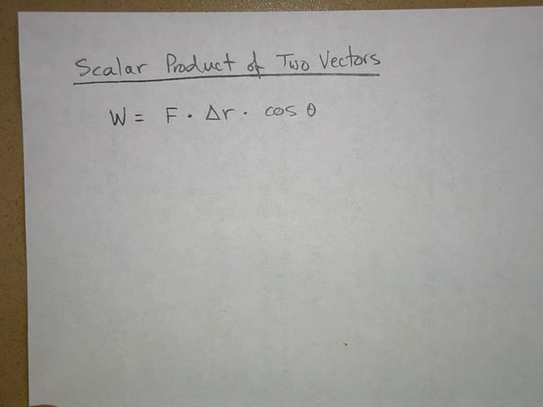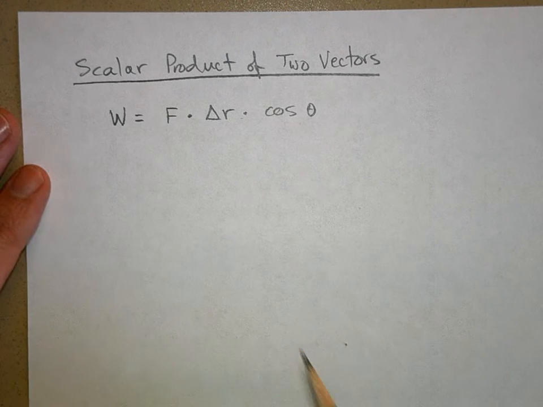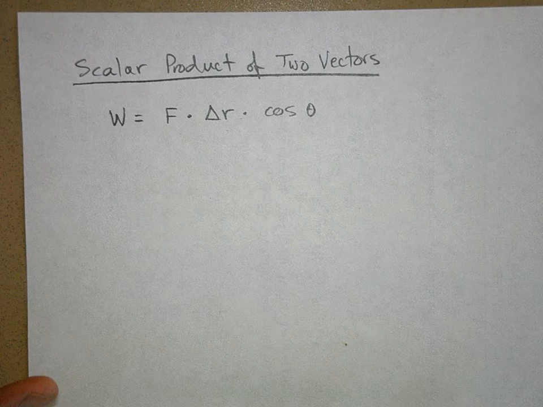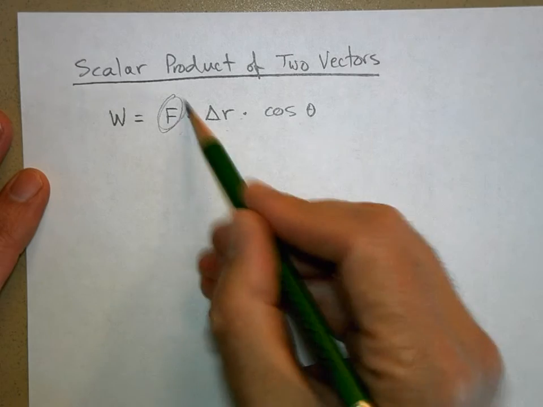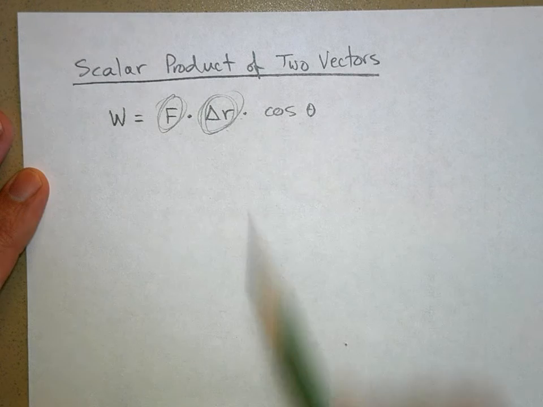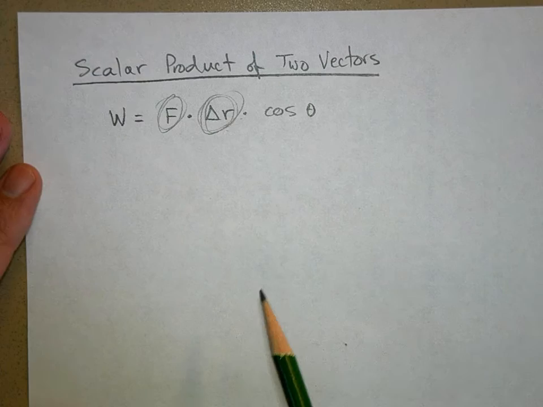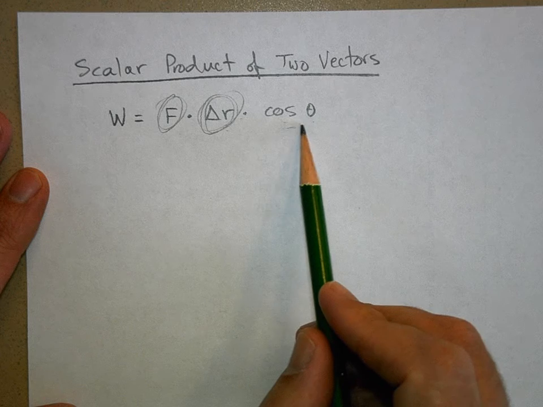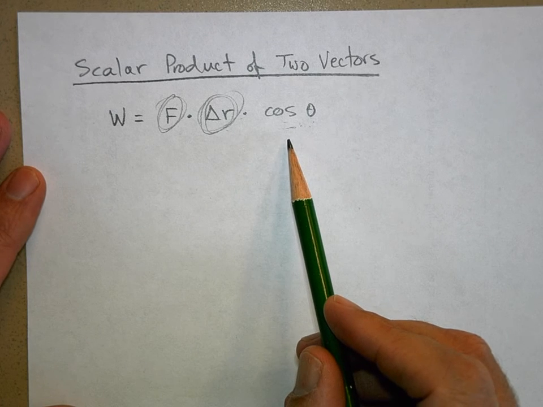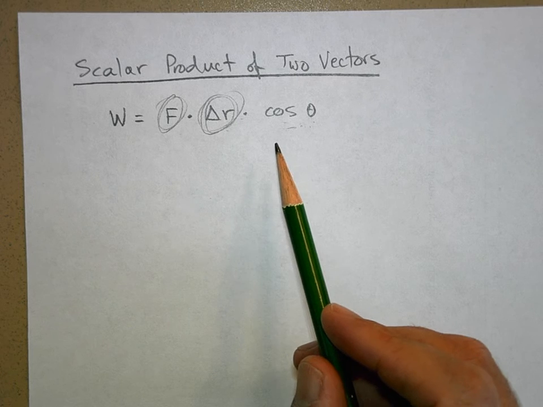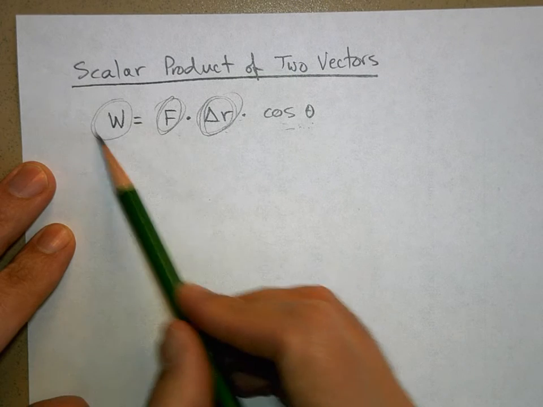But let's take a look at something here. I am multiplying two vectors together. That is, force is a vector, displacement is a vector, and this just represents how much angle there is between them. And, well, what is work?